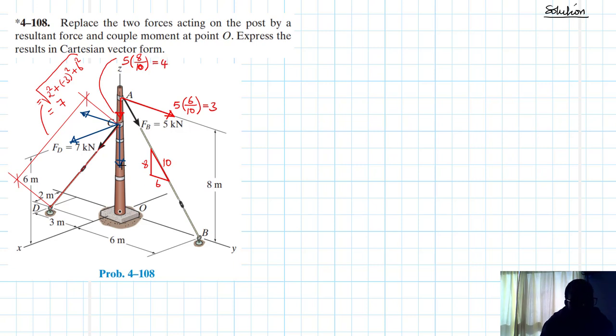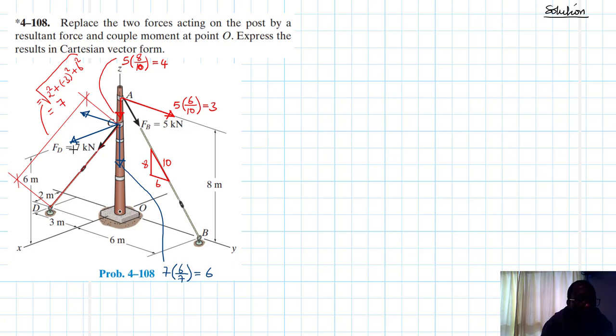And this one is going to be equal to 7 times the component in the z, which is 6 divided by the magnitude of our line CD, this is equal to 6.